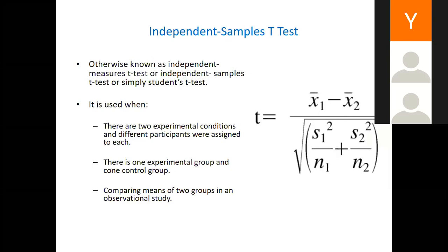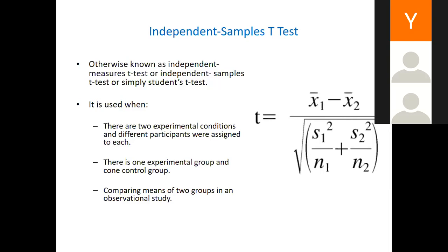Independent sample t-test, otherwise known as independent measure t-test or simply student t-test, because that was what the person that first described the t-test, Gosset, said. It's actually the independent sample t-test. He explained. It was later that more people also started bringing other things.